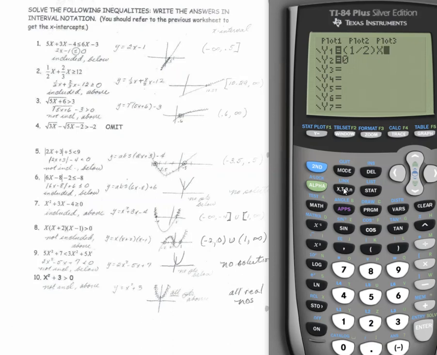We're going to have our x plus, note that we're putting the fractions in parentheses, 2 divided by 3, close, and then we have an x, and then we have a -12, and we have our 0 down in the bottom. So let's hit graph.